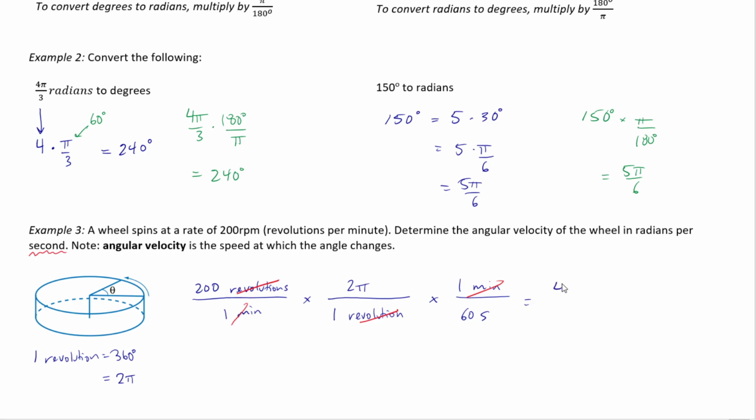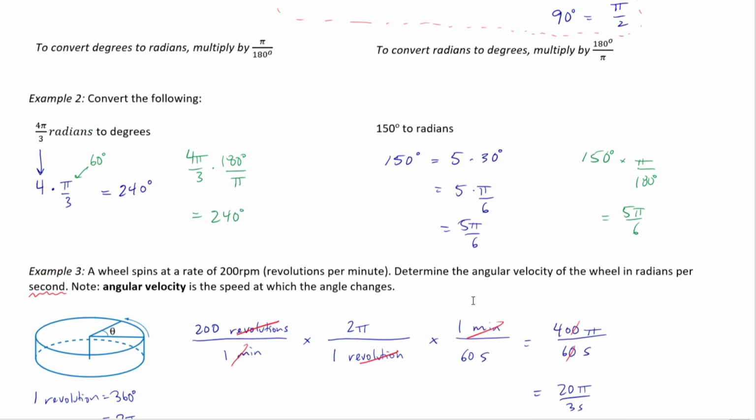And I end up with 400 pi for every 60 seconds, which can be reduced to 20 pi radians over 3 seconds, which is approximately equal to 6.7 radians per second.